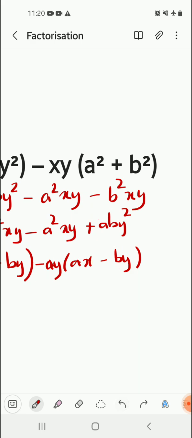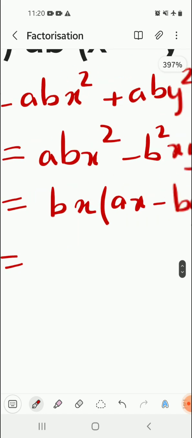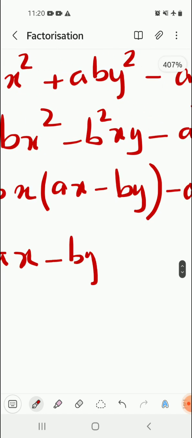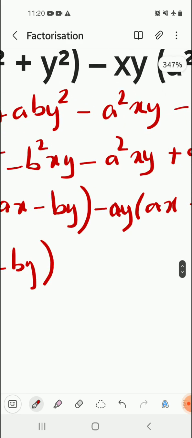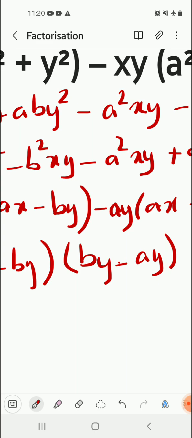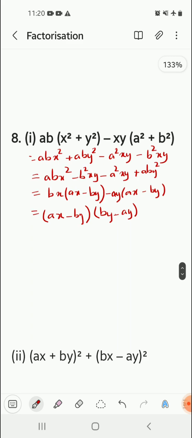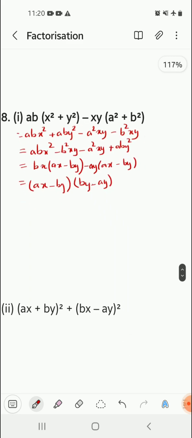Now you see, the common factor that we have got is, within brackets, ax minus by, and whatever is left is bx minus ay. Just remember to smartly position each of the terms one after the other in the most favorable position.